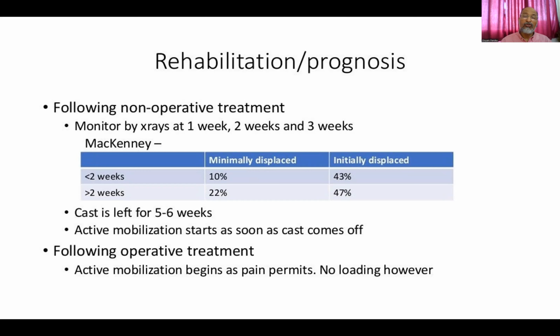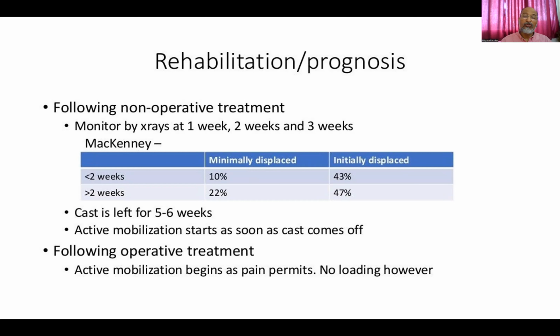So the predictors of the functional result: the patient factors determine what shall be the outcome. The post reduction anatomy correlates linearly with the functional outcome. Post reduction, if the X-ray is good, the functional outcome should be good.